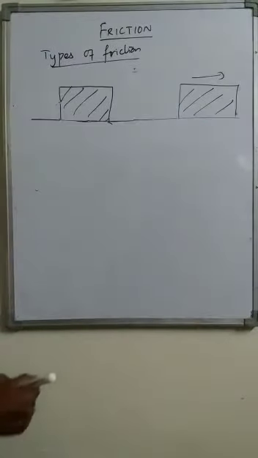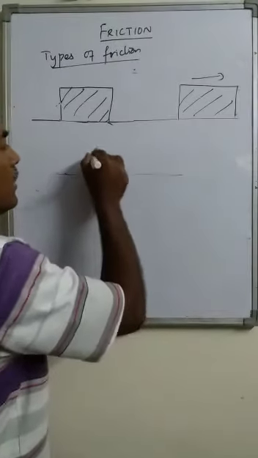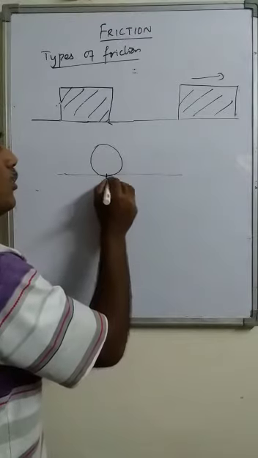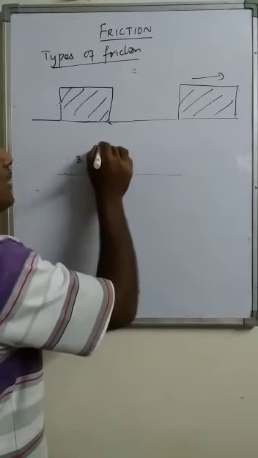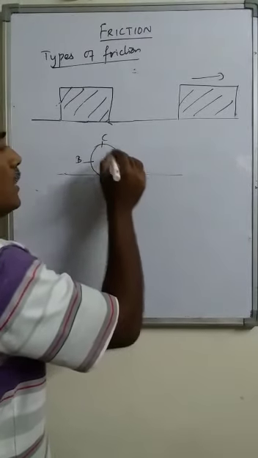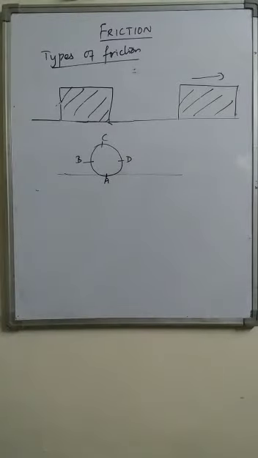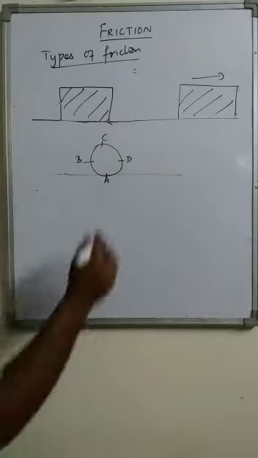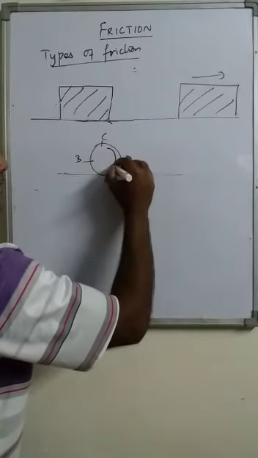Then coming to the rolling, the ball is rolling. Now we take 4 points, suppose A, B, C, D. When the ball is rolling, suppose it is rolling in this manner.